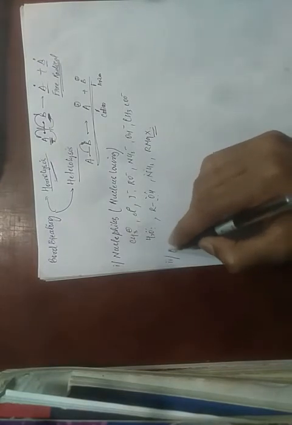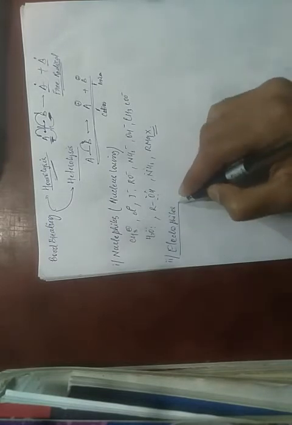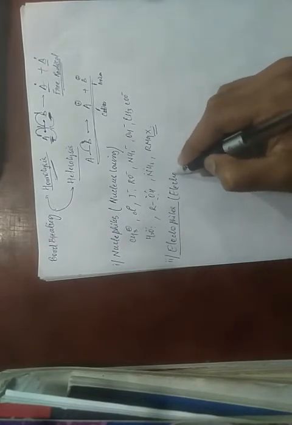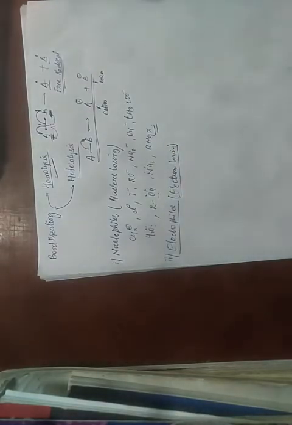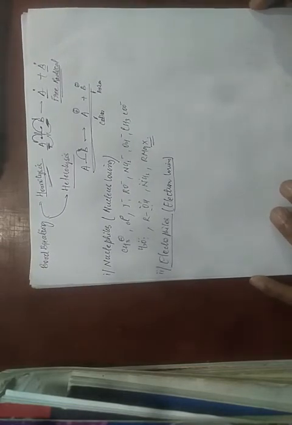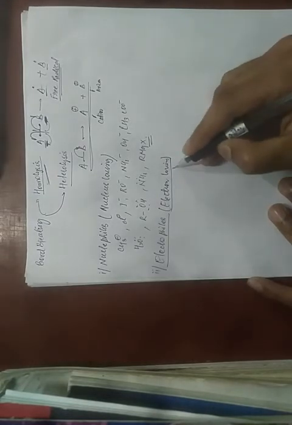Now next, electrophile. Electrophiles are electron loving. These are the substances which are electron deficient species having an empty orbital to receive an electron pair from a nucleophile. Are you understanding or not? These are the substances in which there is a deficiency of electrons and they need an electron, and who will donate it?